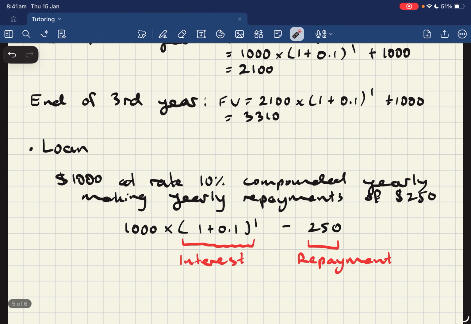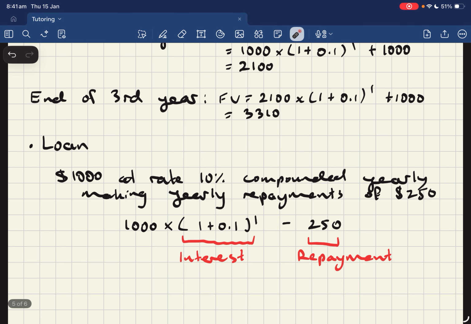With our loans, we're taking out a loan on some amount. Interest is getting charged at a particular period. This could be monthly, yearly, weekly, daily. And we are making a repayment. Instead, not to increase the value, we're trying to reduce the value of the loan. So the repayment we're making is taking away.